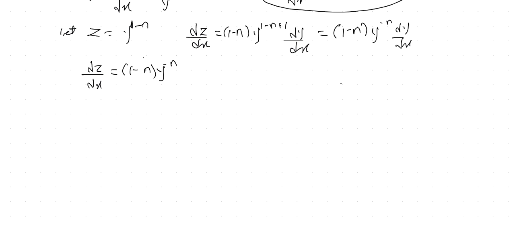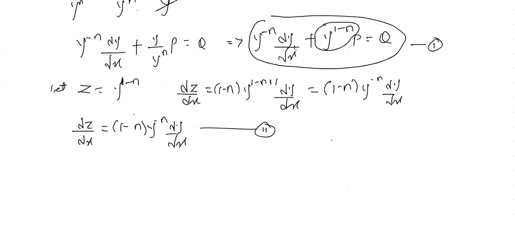Let's call this one equation 2, and let's call the earlier one equation 1. Let's try to multiply equation 1 through by 1 minus n, so that we can have something.